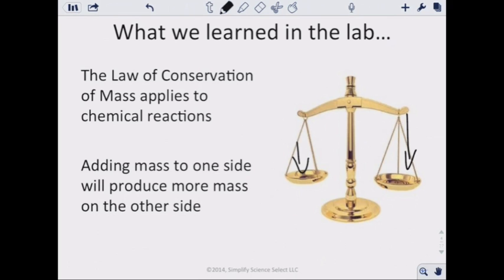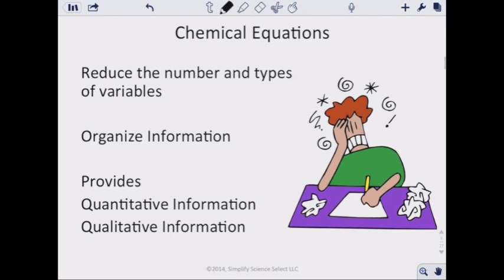They have to balance. So in a chemical equation, the reason why we have them is that they reduce the number and types of variables. So it kind of limits our scope of things. Instead of having a big paragraph describing a chemical reaction, we can have the chemical equation all written out in one line. Really helps us organize information, so we're not searching for things.